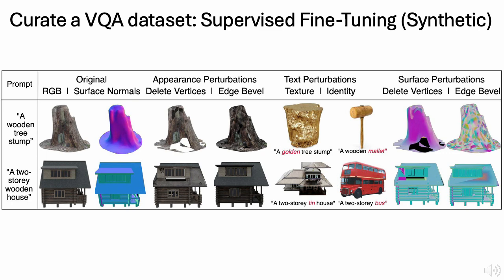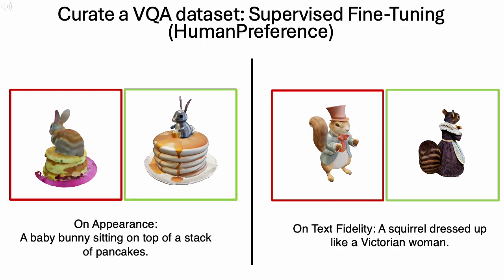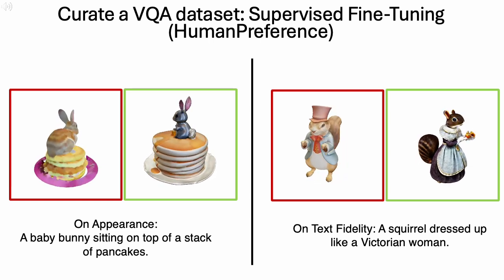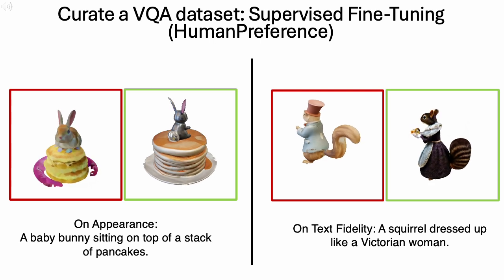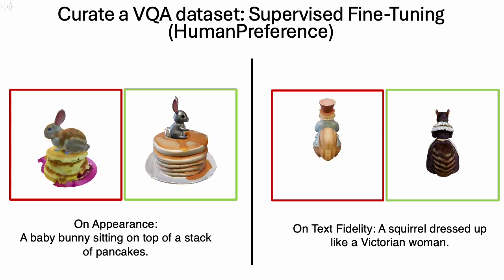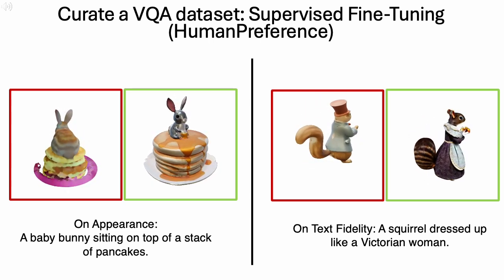They have been generated by various 3D representations such as meshes, Gaussian splats, and NeRFs, as well as by applying synthetic perturbations to simulate common artifacts observed in generated 3D assets such as smoothing, edge beveling, extrusions, etc. The supervised fine-tuning dataset also contains pairwise comparison data curated from user studies where users were shown 360-degree videos of two objects and asked to choose the object that they preferred.